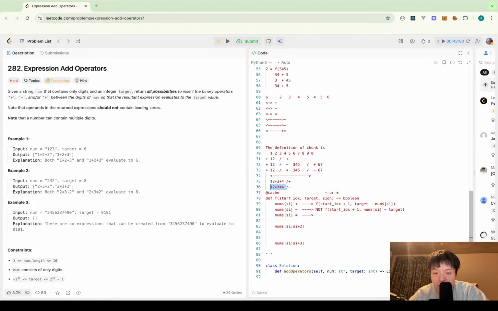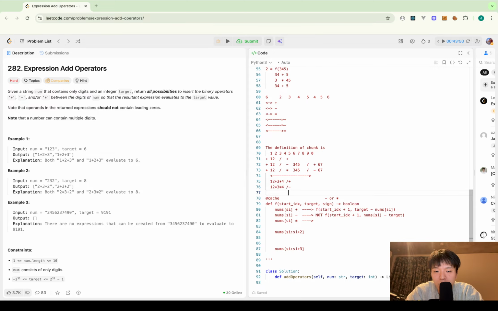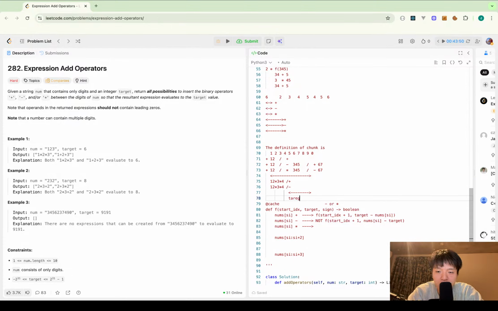Because this is 144. If target is 32, I try to create 100. Now, I just can say, yeah, it's completely the freedom, the choice of the child function. If it chooses plus or negative first, I try to create target minus this one.